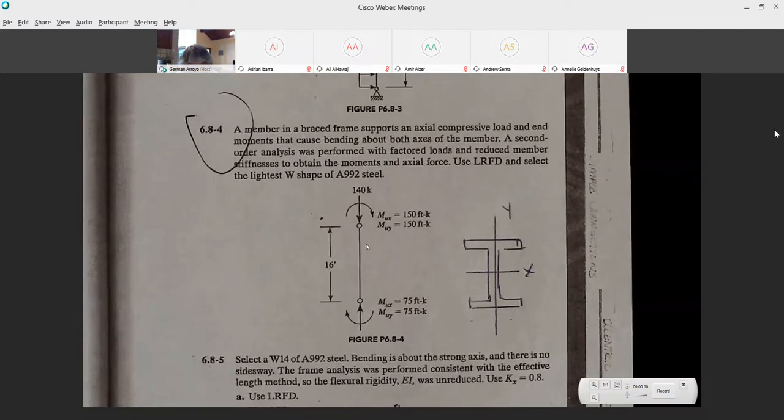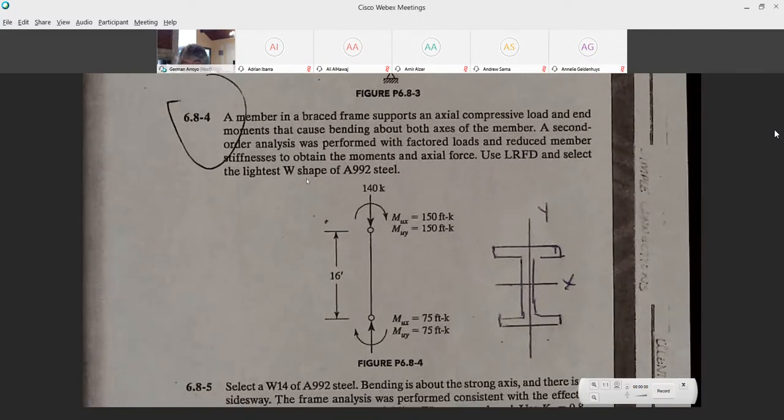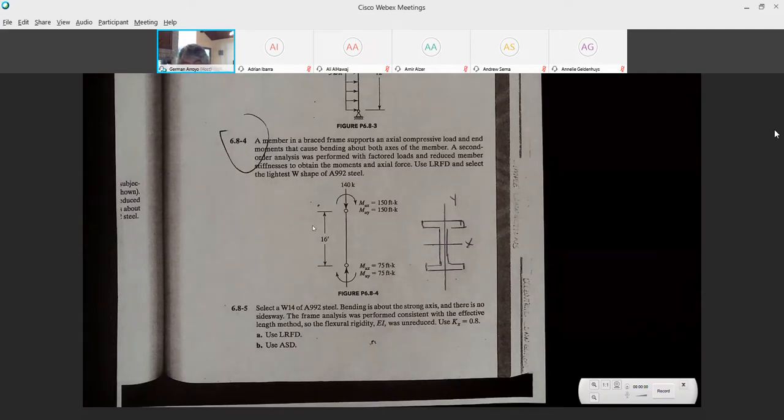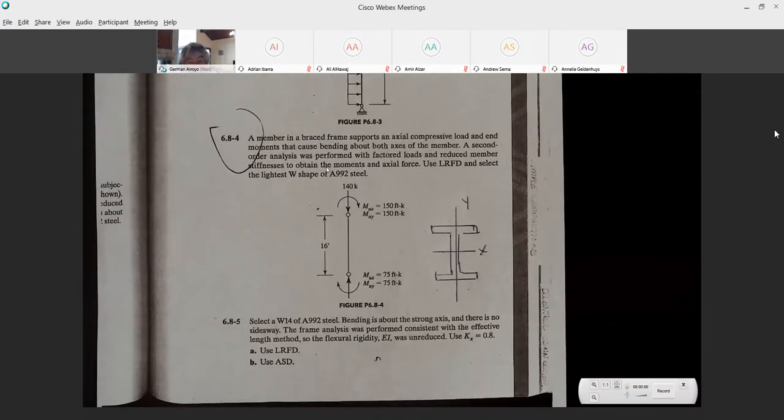And the question here, find the lightest W shape. So at first we had no idea about the solution. The point is, there's no idea about which section will be the best section. But we could start with a small, medium, or heavy section, and from there we know where to go, to a larger or heavier, or to a smaller or lighter.